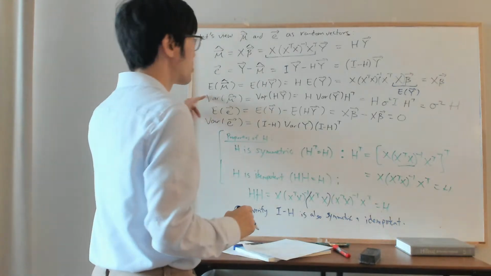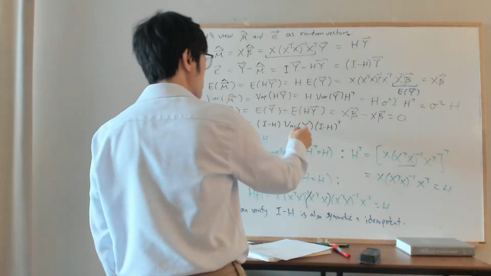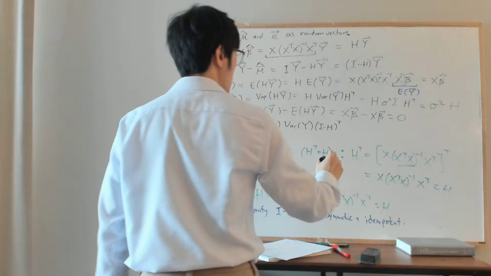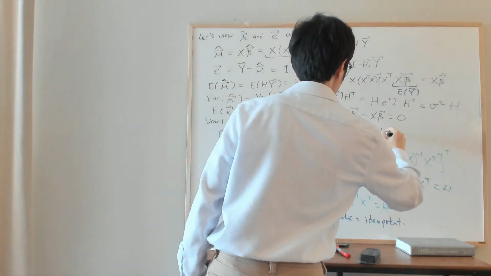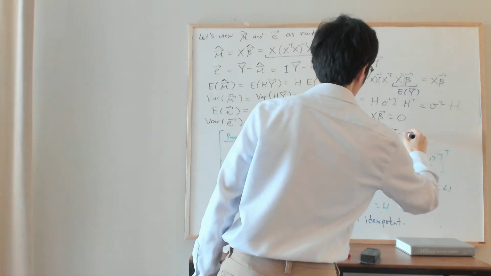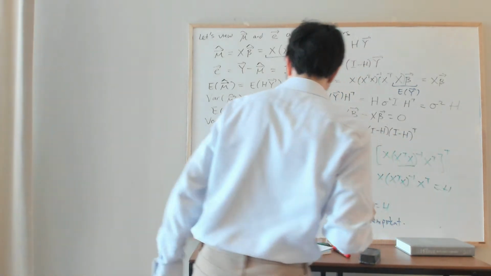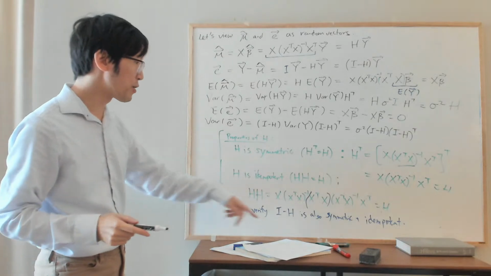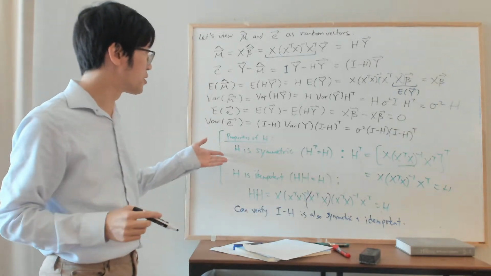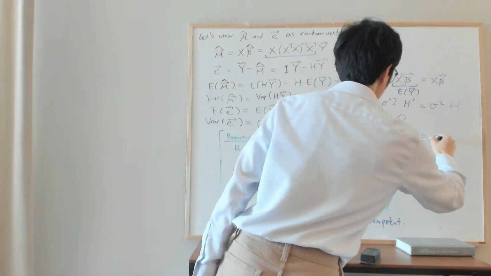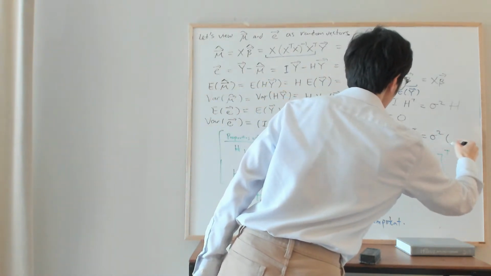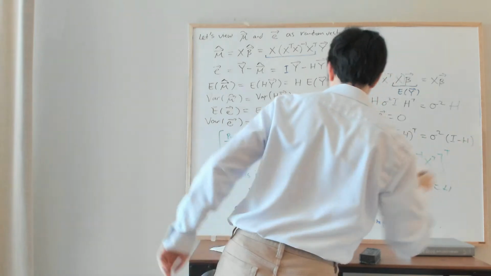It's very similar to the variance of the fitted values, so this is sigma squared I, so we have sigma squared I minus H, I minus H transpose. We can verify that I minus H is also symmetric and idempotent. By that fact, this is simply sigma squared times I minus H.